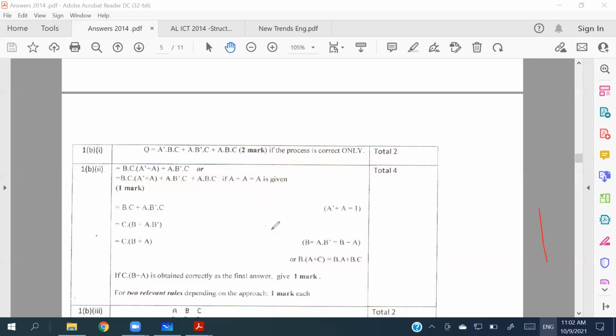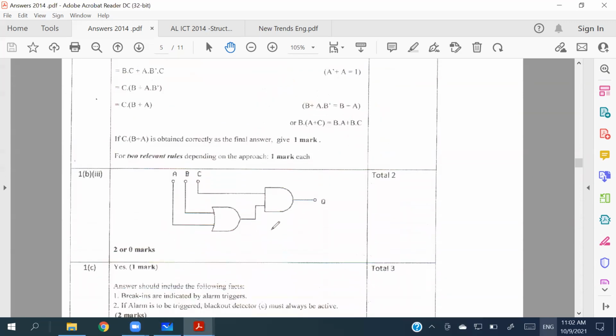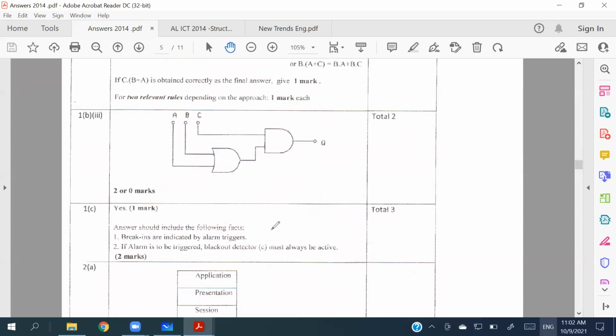Okay. So moving forward, they're asking you to draw a particular circuit. It's very easy. This is for B dot (A plus C). If you draw it as BA plus BC, it's going to be a different one, but for any structure you are going to get the marks.